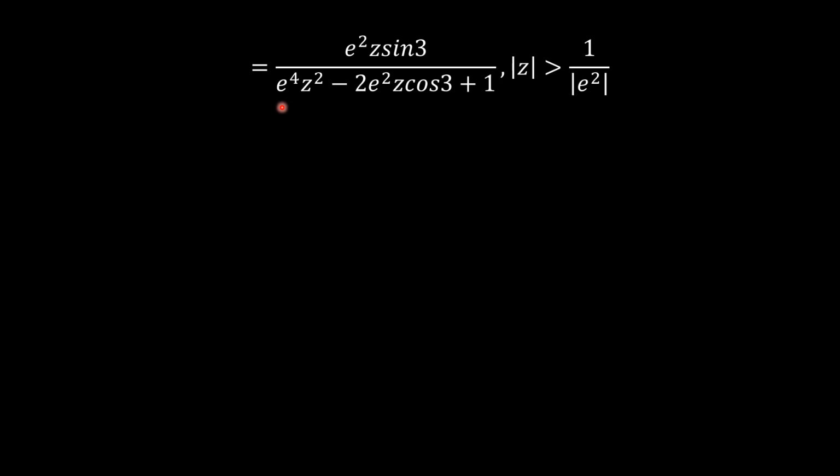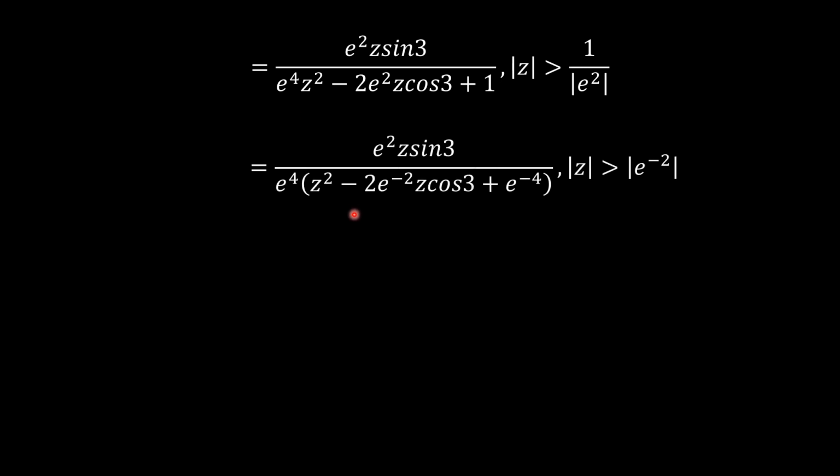Now take e raised to 4 common. That will give us this expression where the denominator now becomes e raised to 4 into z square minus 2 into e raised to minus 2 into z cos 3 plus e raised to minus 4 for mod z greater than mod of e raised to minus 2.